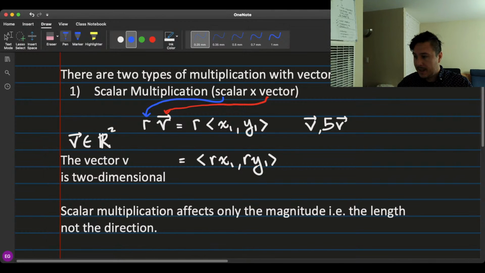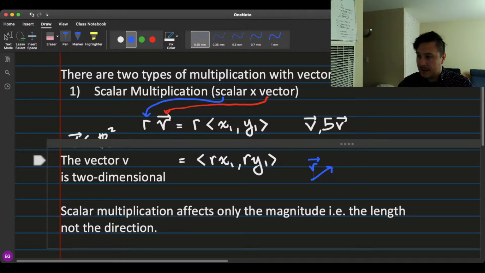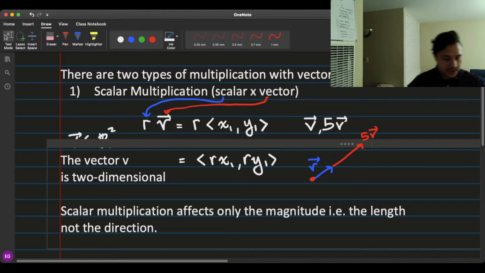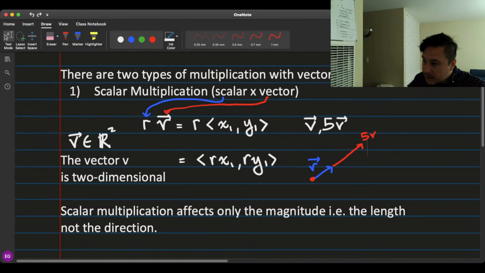As I said, if this is your vector v, your vector 5v has the same starting point, same direction, but is 5 times as long. Or actually, let's put them side by side. Let's draw it like this.